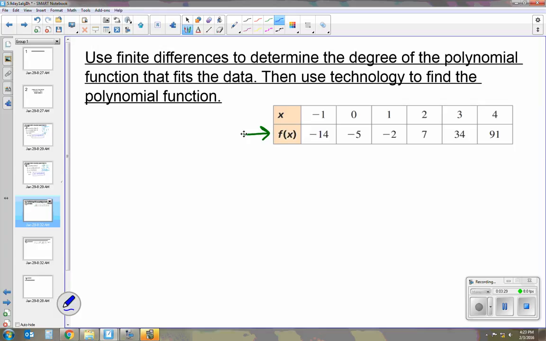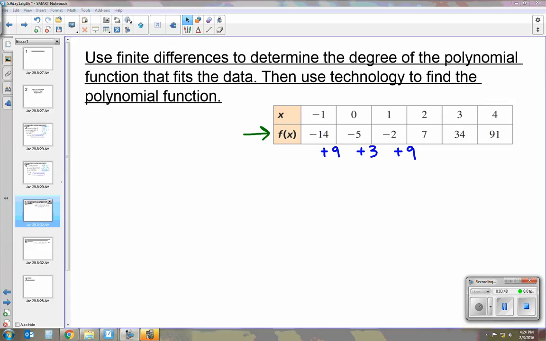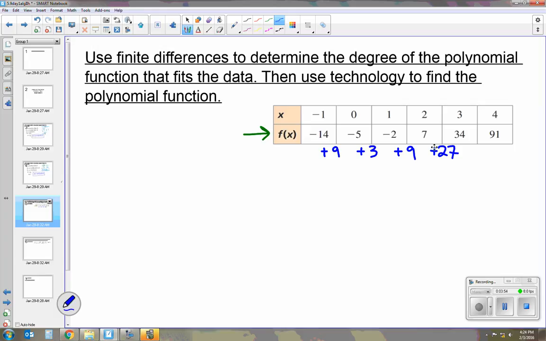To get from -14 to -5, we add 9. To get from -5 to -2, we add 3. From -2 to 7, we add 9. To get from 7 to 34, we add 27. And to get from 34 to 91, we add 57.